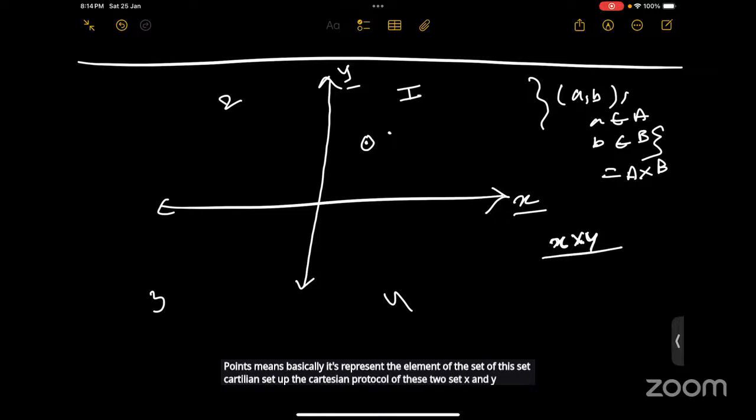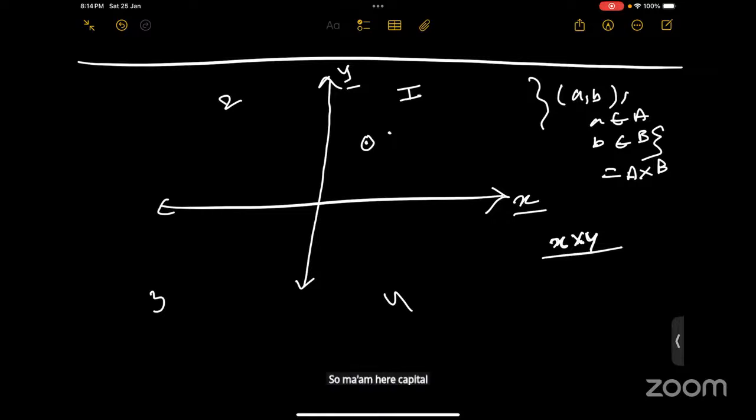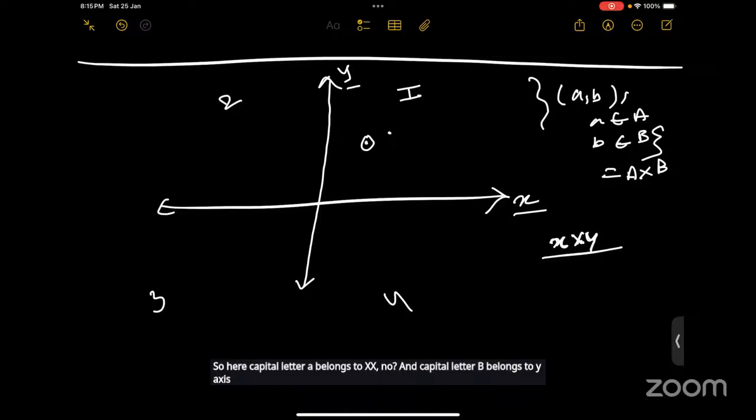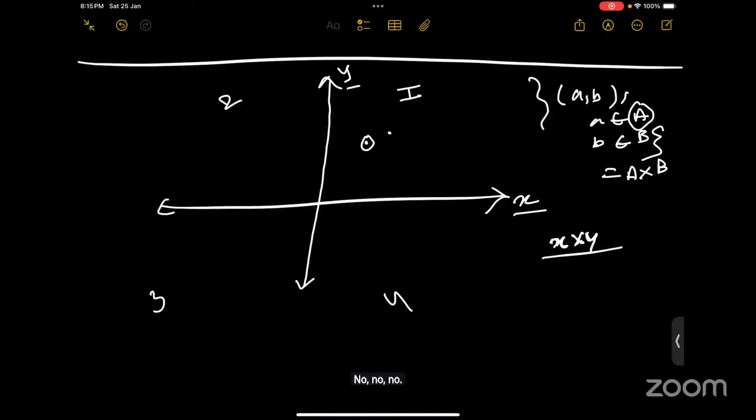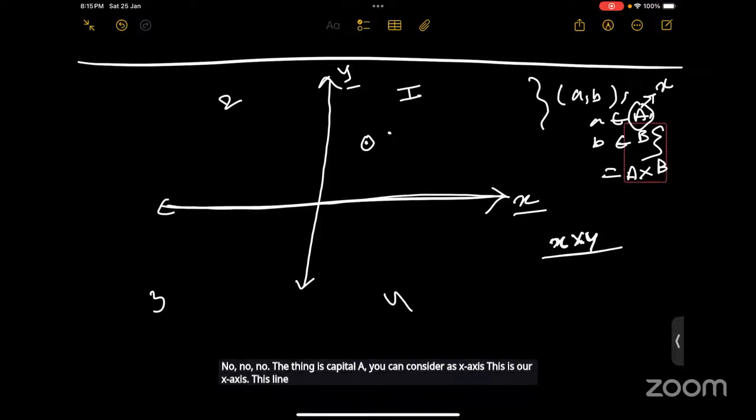Ma'am, here capital letter A belongs to the x-axis, and capital letter B belongs to the y-axis. The thing is, capital A you can consider as the x-axis. This is our x-axis. This line is basically a set.